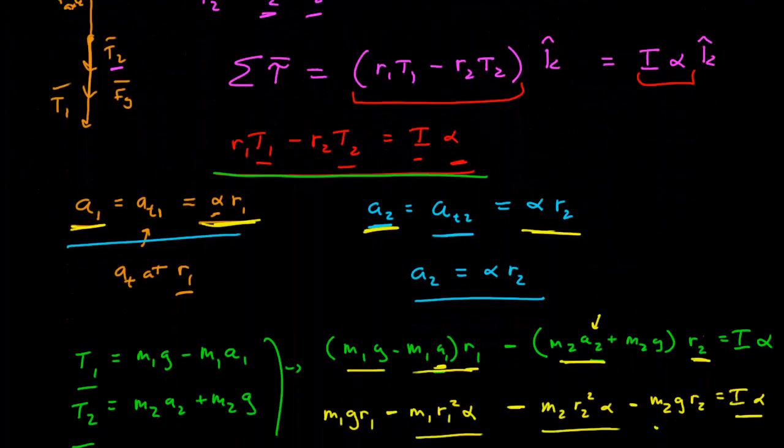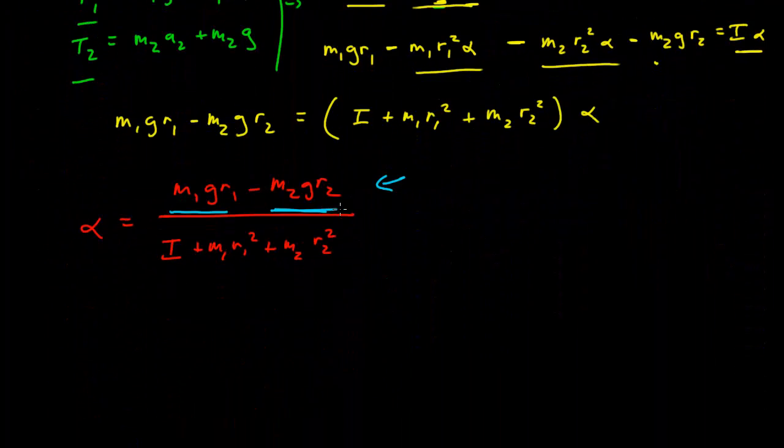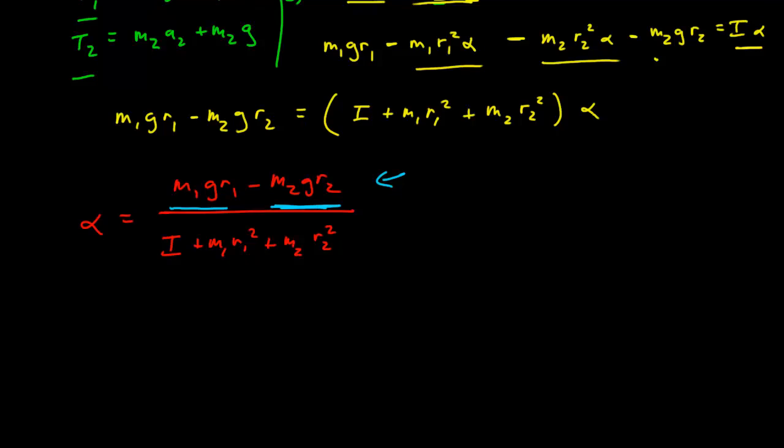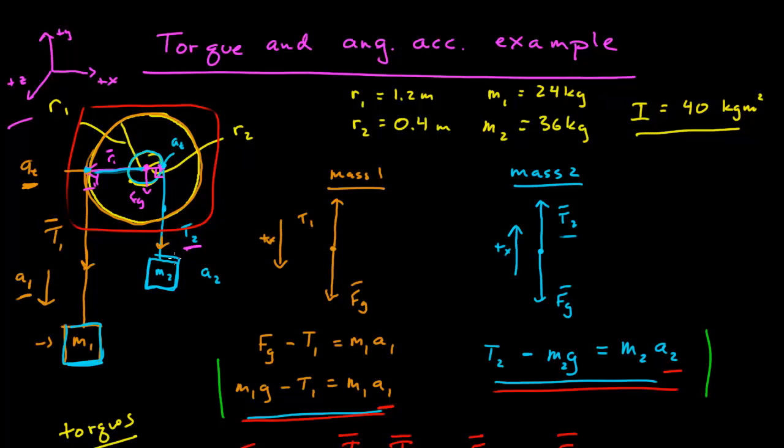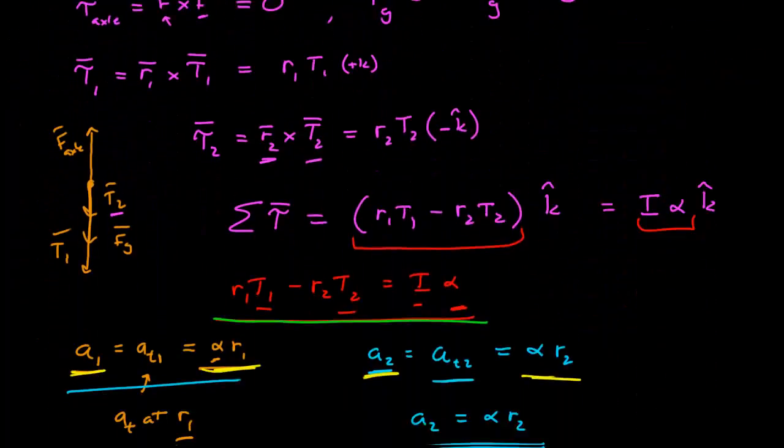Okay. And so this minus m2 g r2, that's the torque due to mass 2, m2 g, the force due to gravity it's pulling with, times r2, so it's the torque that m2 is applying to the cylinder, trying to rotate it the other way, trying to rotate it clockwise.